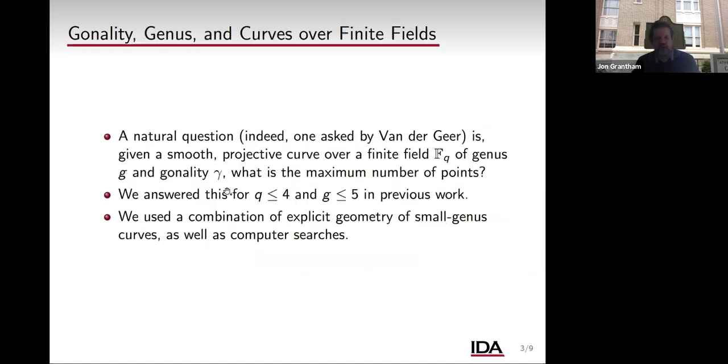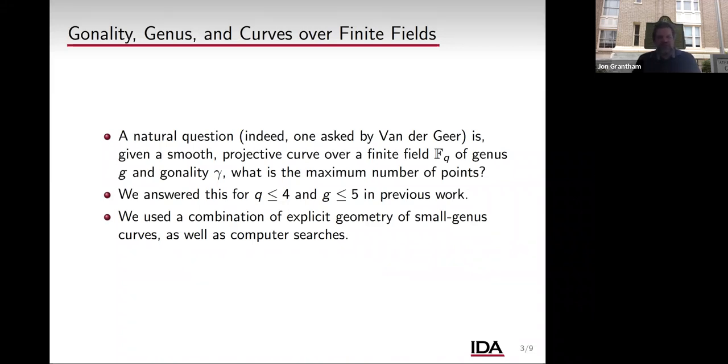So what are we looking at? There are often questions about, let's say, if you have a given genus over a given finite field, what's the maximal number of points you can have on this curve? And you have various bounds.